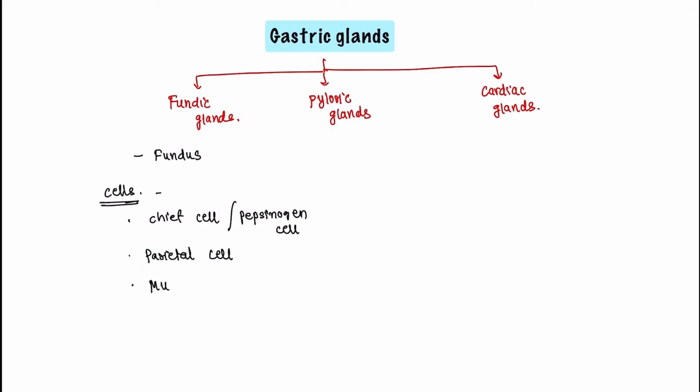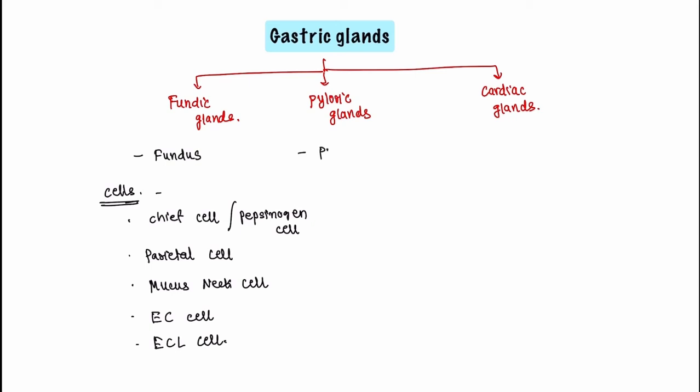Third, mucous neck cell. Fourth, enterochromaffin cell. Fifth, enterochromaffin-like cell. So these are the 5 cells which are present in the fundic gland.